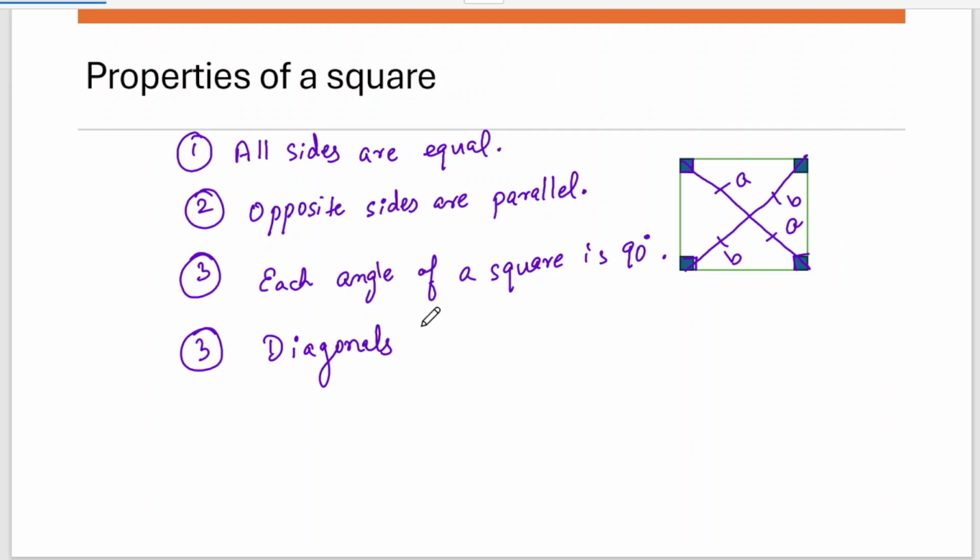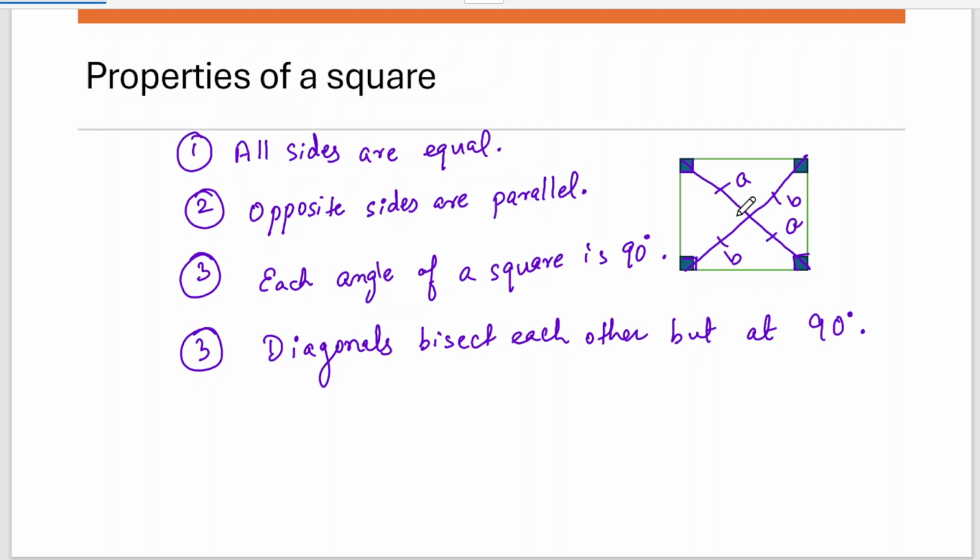Diagonals bisect each other. But what is the important thing? At 90 degrees.